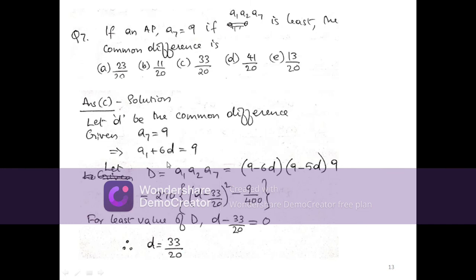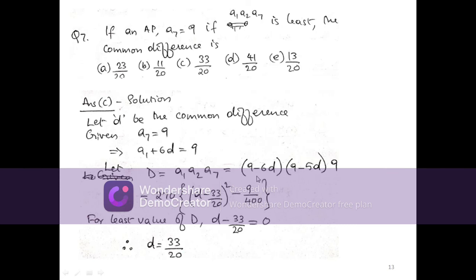So what is a2? a2 will be equal to a1 plus d. If it is an arithmetic progression, a2 equal to a1 plus d. So what is a1? 9 minus 6d, plus d. That will be 9 minus 5d.